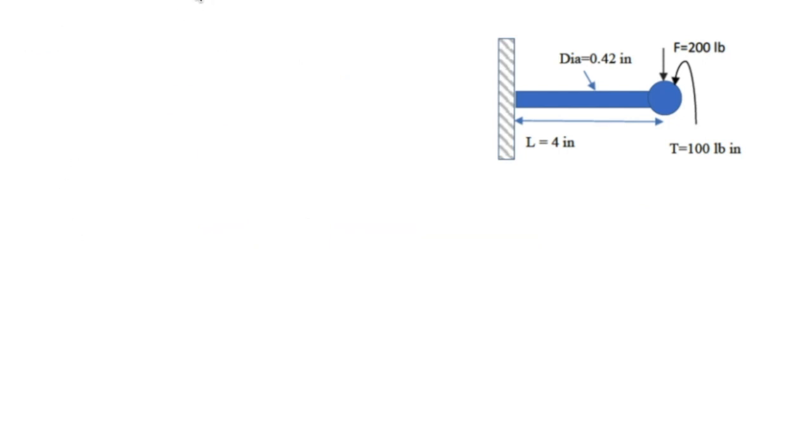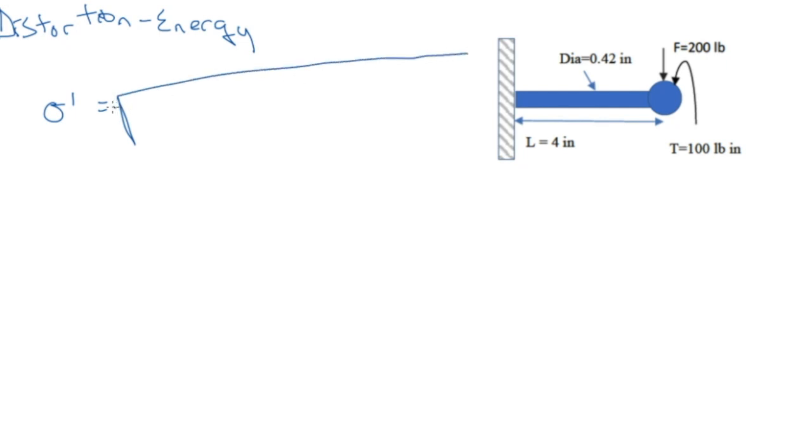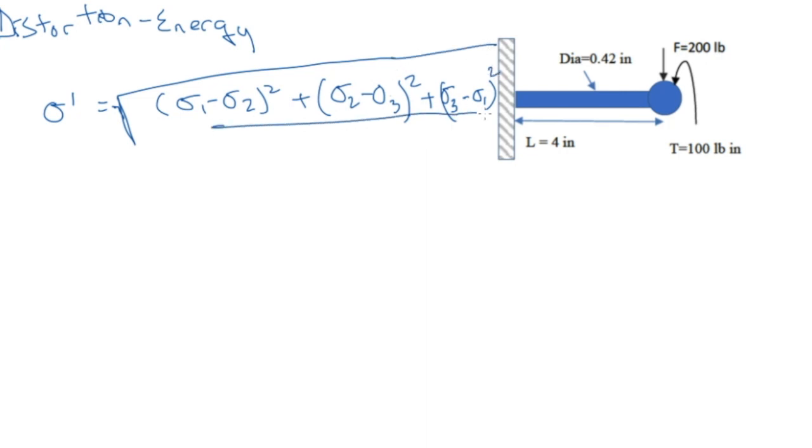Now if we want to do our less conservative or non-conservative distortion energy, we have the von Mises stress, which is the square root of basically the difference of each stress component squared, divided by 2.